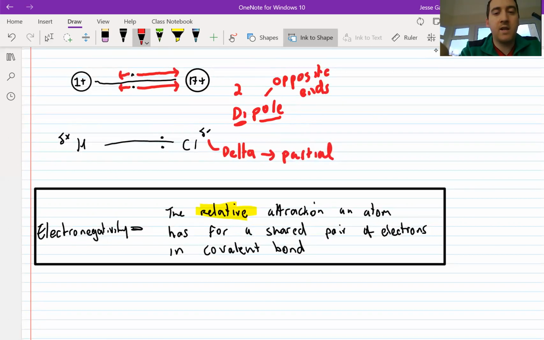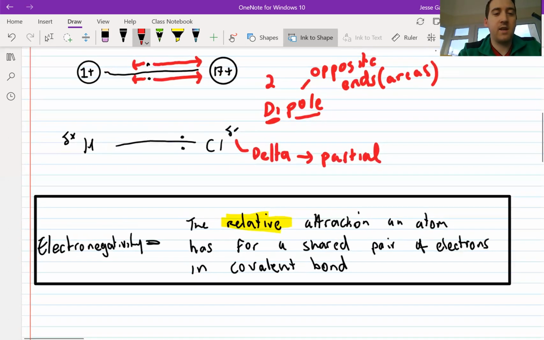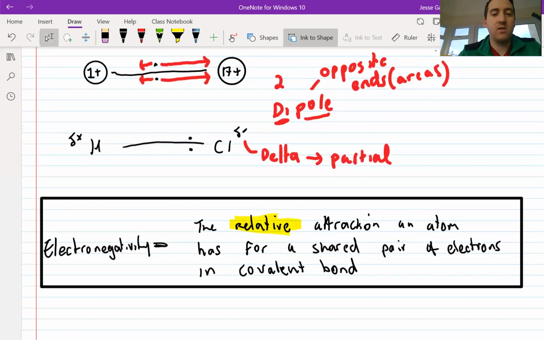It's kind of like a magnet. The way a magnet has 2 poles, the north and south pole, these are oppositely charged ends or areas. So a dipole is like this here, where we get slightly oppositely charged areas, and they are separate.